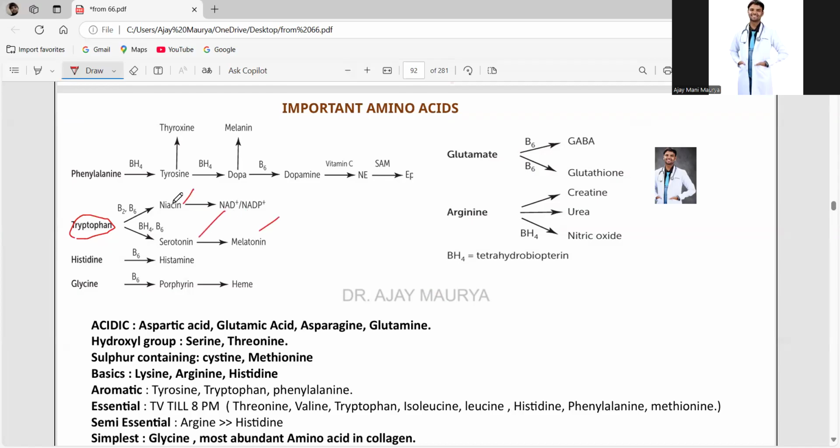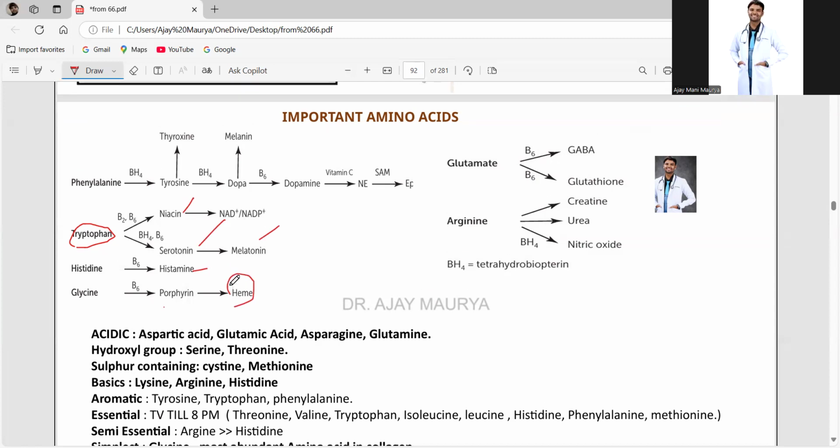Fan means sleeping, this is the melatonin. Histidine gives histamine. Glycine helps in heme synthesis. Next is arginine: we get nitric oxide, urea, creatinine. Glutamate gives GABA and glutathione.